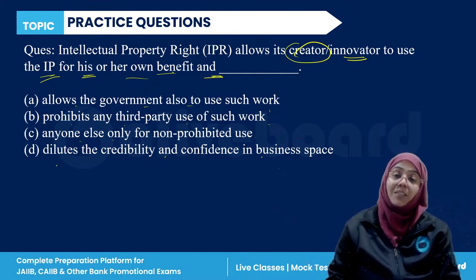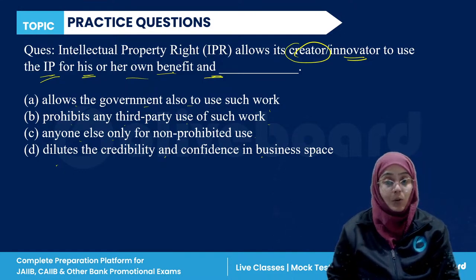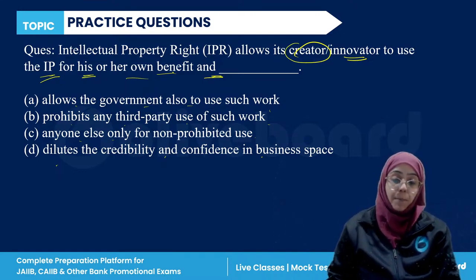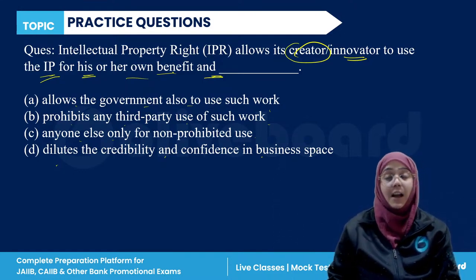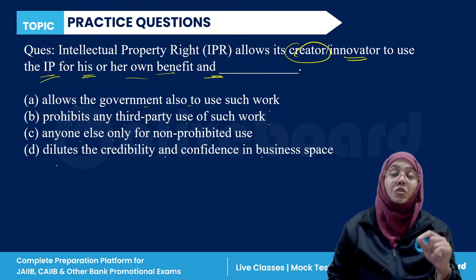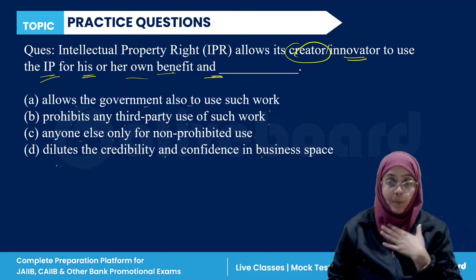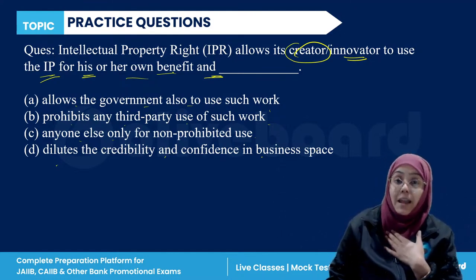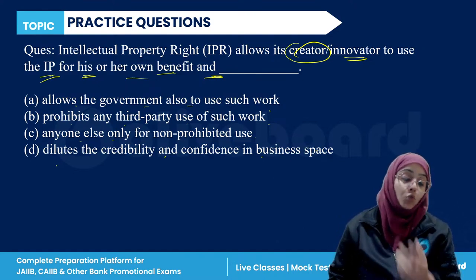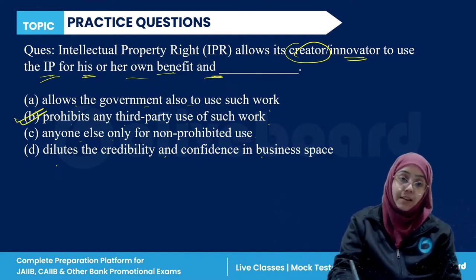For what purpose is intellectual property right actually given? So you use your intellectual property for your own benefit and prohibit any third party from using such work. So B is the correct answer, right?